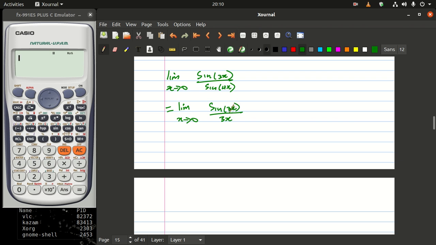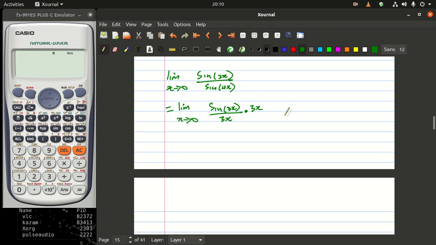I want what is inside to be the same as what I'm dividing with here. But the issue is that I did not have a 3x here, so I have to both divide and multiply so that I can cancel it out.